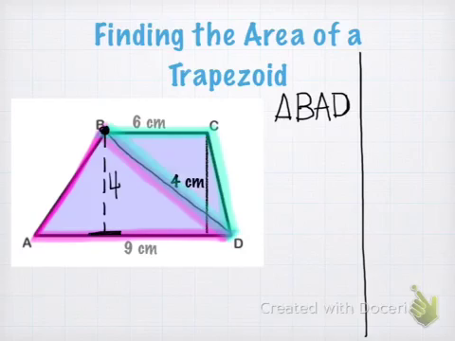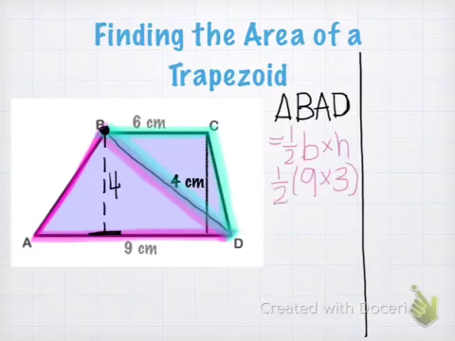So to find the area of this triangle, we're going to do our formula, 1/2 our base times our height. And what we find is that our base is 9 and our height is 3. And then we're going to take 1/2 of that.